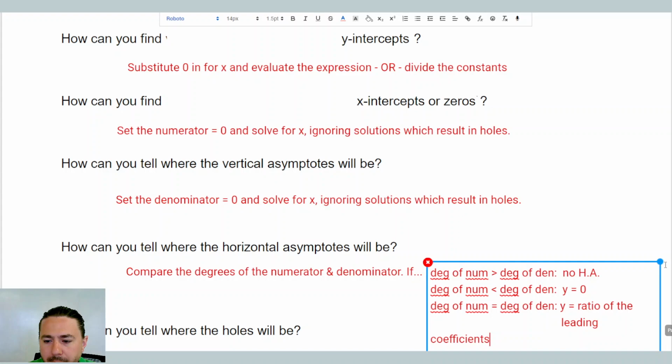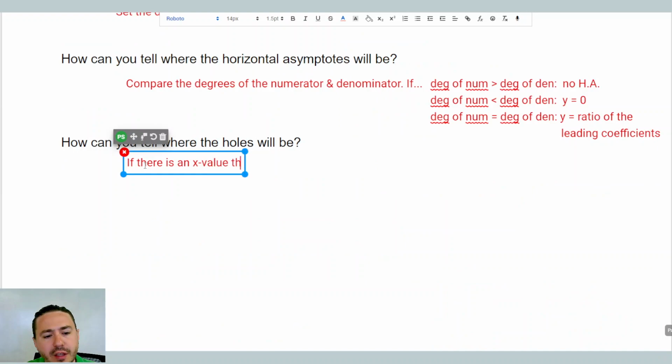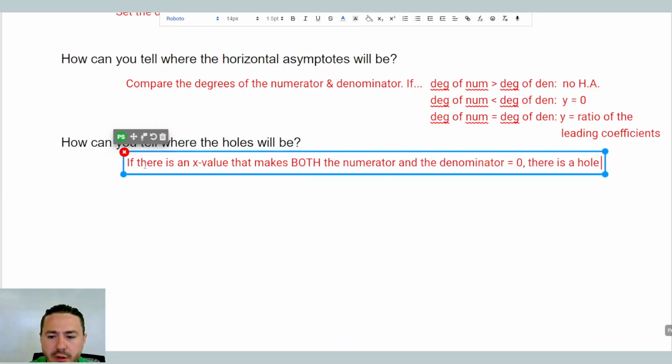How do you find where the holes are going to be? If there is an x value that makes both the numerator and the denominator equal to 0, there is a hole at that x value.